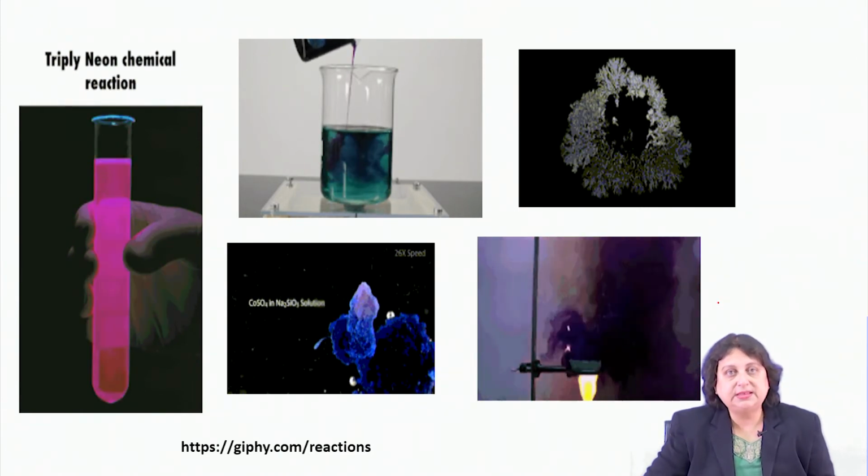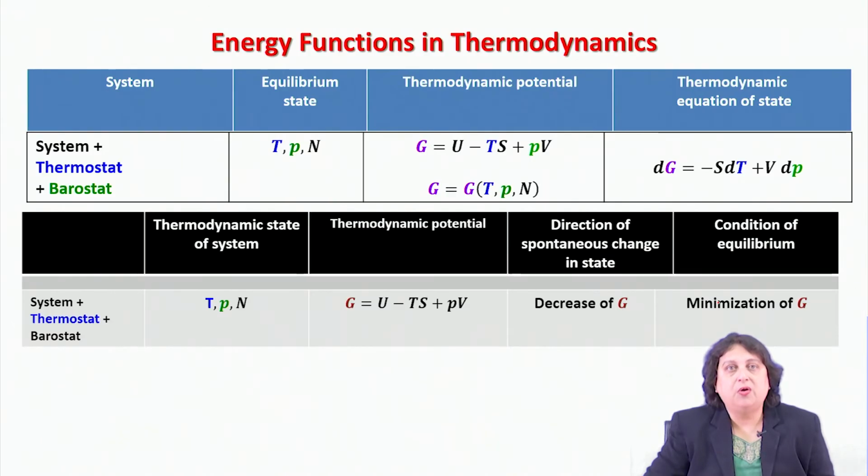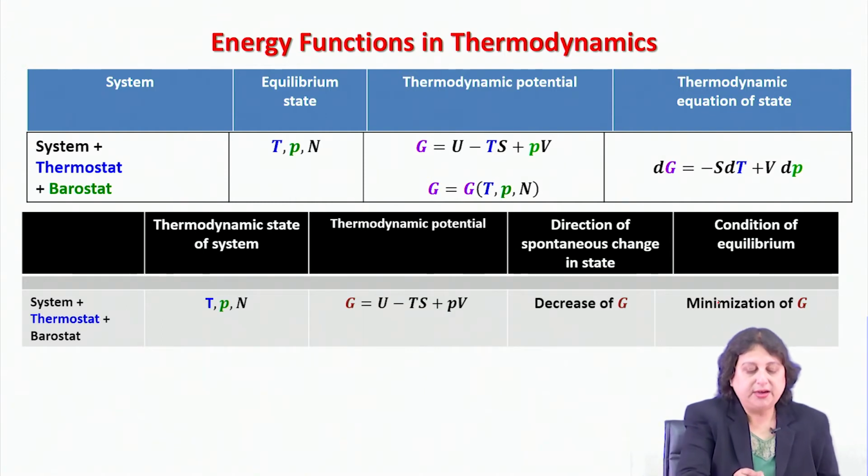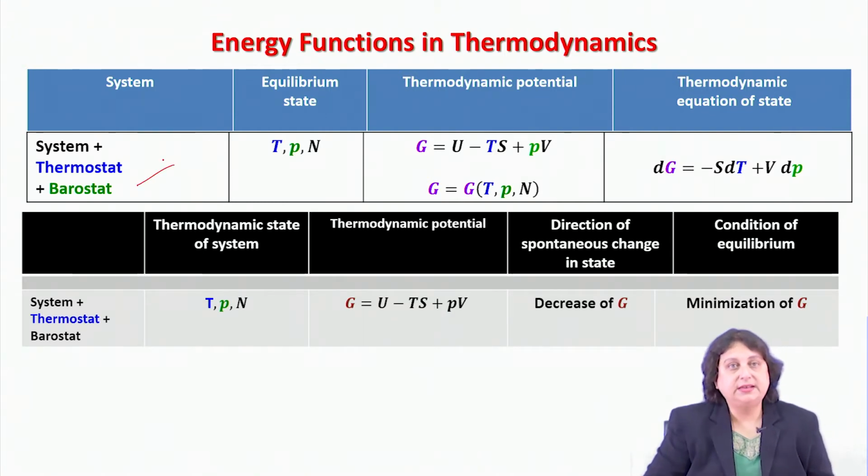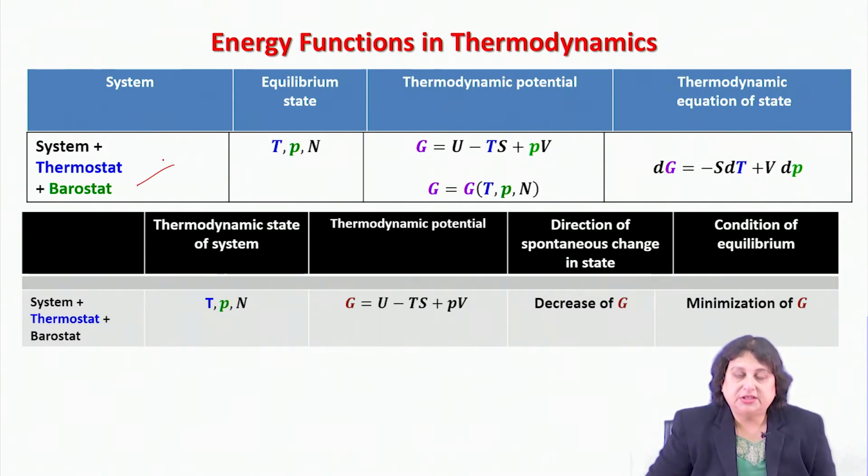And that is the reason why in most cases, when we think about chemical reactions, we are thinking about the reacting system in contact with a thermostat and a barostat. So if you are carrying out the reaction in the laboratory at room temperature and pressure, what is your thermostat?